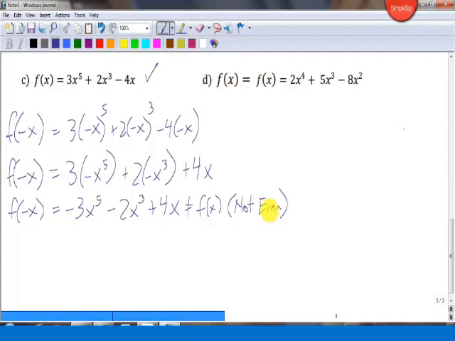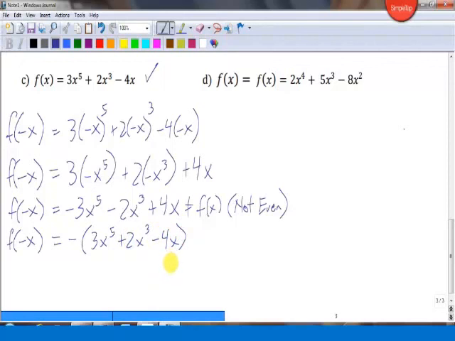Is it exactly the opposite of the original? Is it negative 1 times the original? I'm thinking maybe so. We can see that clearly if we factor out a negative sign and write this as the negative of 3x to the 5th plus 2x cubed minus 4x. Factor out a negative 1 or a negative sign.